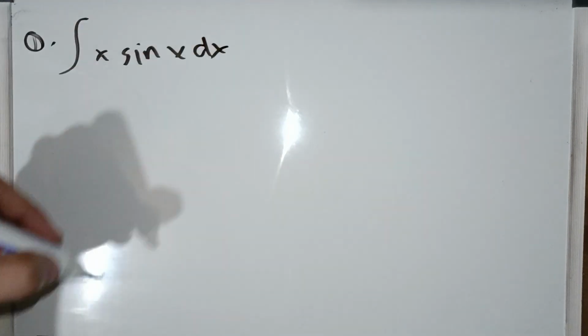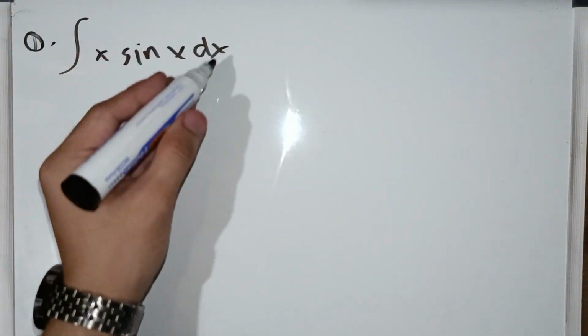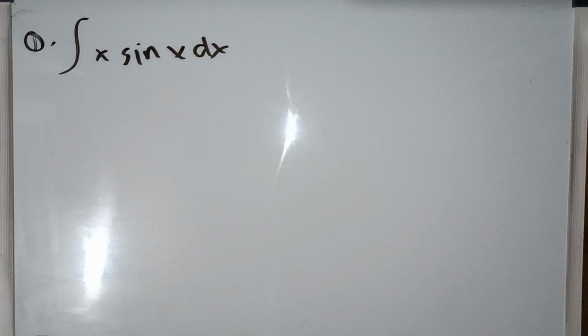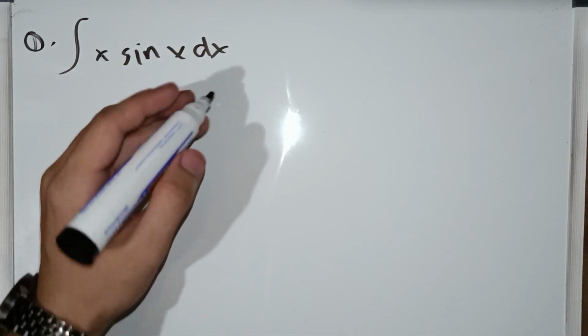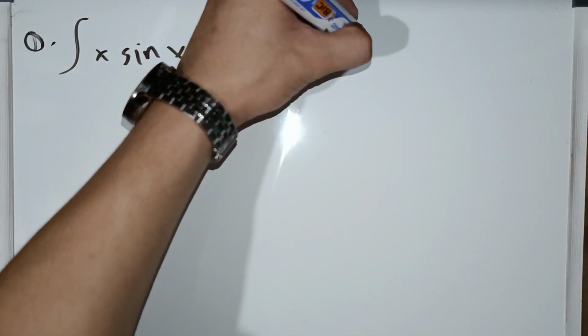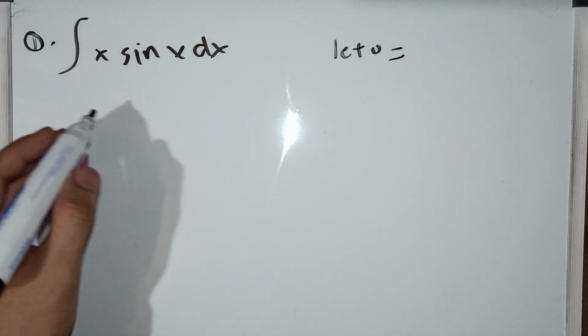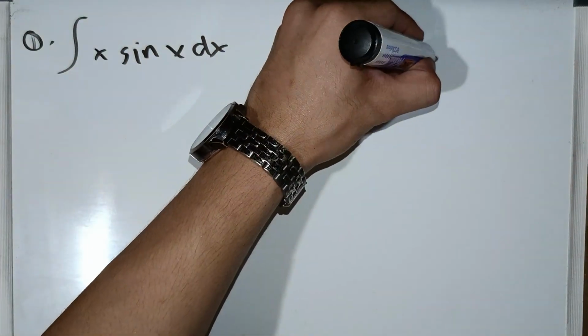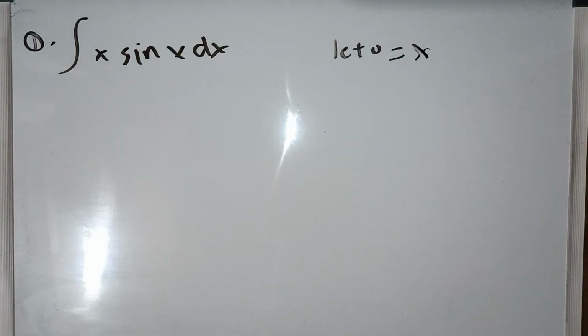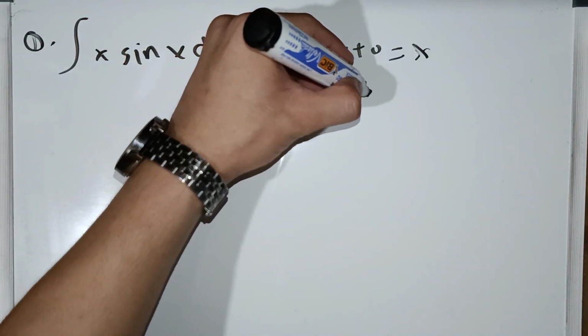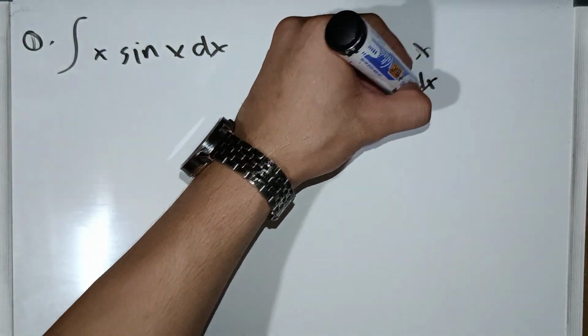For example, the integral of x sin x dx. In this part, we have to choose what will be the u and dv in our problem. Here in our problem, let u be equal to x, and let's also get its derivative, so du is equal to dx.